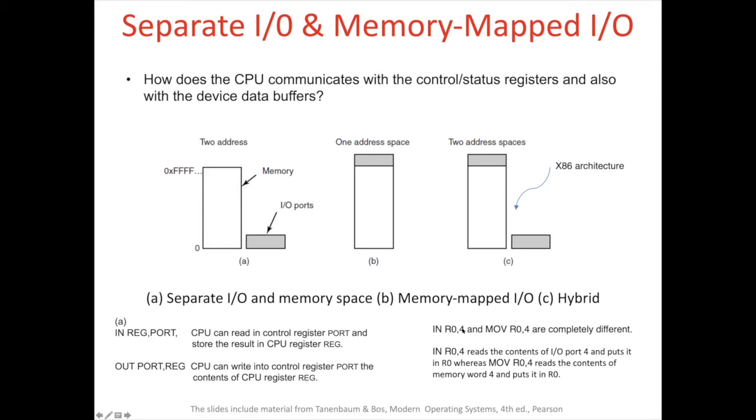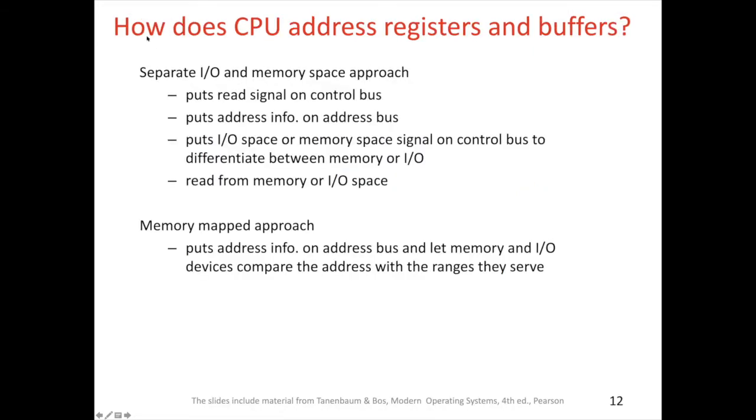IN R0, 4 and MOVE R0, 4 are completely different instructions. If the IN instruction is used with register R0 and port 4, this reads the content of I/O port 4 and puts it in R0. However, if MOVE R0, 4 is used, then this instruction reads the contents of memory word 4 and puts it in register R0. Now let's see the details of how the CPU addresses registers and buffers.